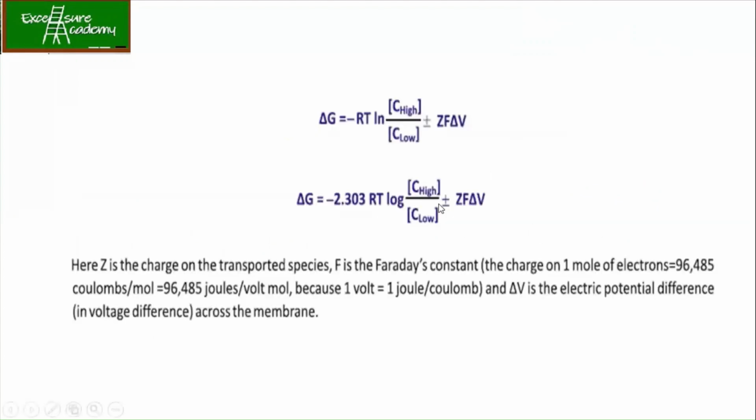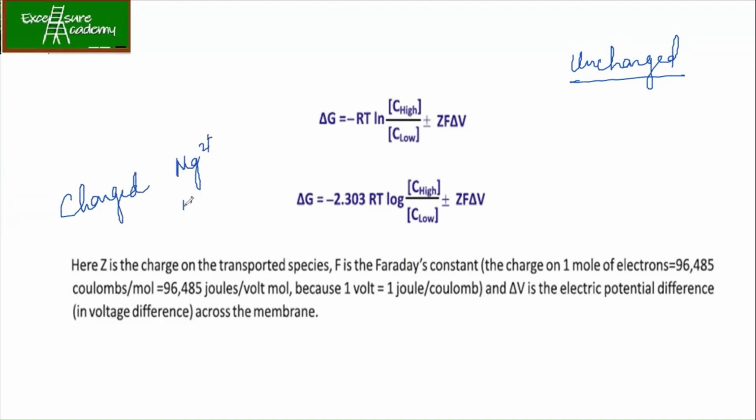Until now we talked about uncharged molecules. Now we talk about charged molecules, for example Mg2 plus, K plus, NH4 plus and phosphate ions. When you have such charged species, how is it going to get affected? Here Z is the charge on the transported species.